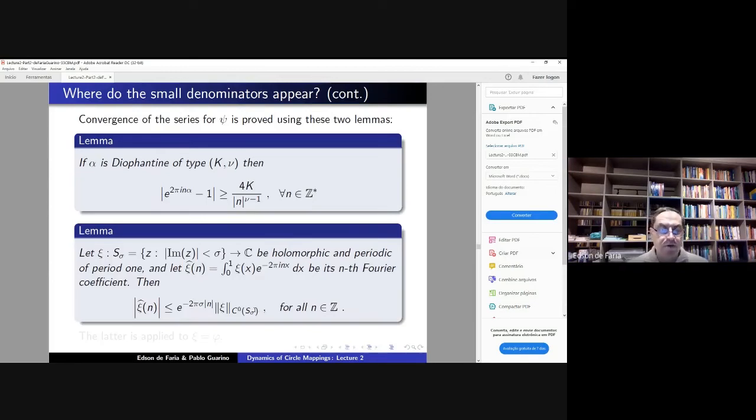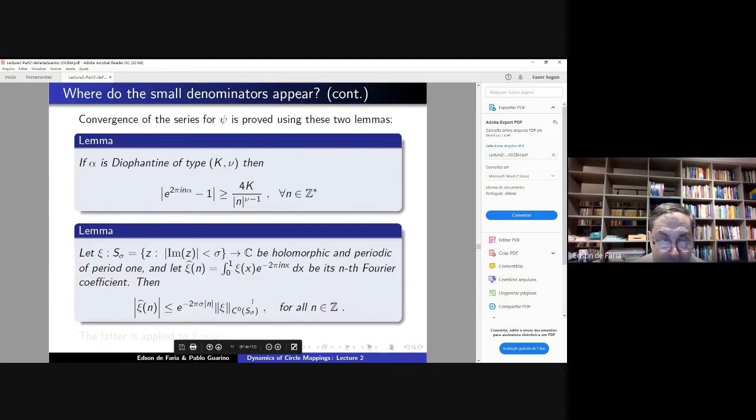So if you have a holomorphic function, which is periodic of period 1 on a strip of width sigma, and you look at its nth Fourier coefficient, then in absolute value it is decaying exponentially fast with the absolute value of n, as you can see here.